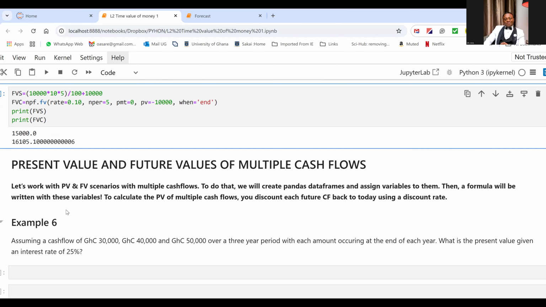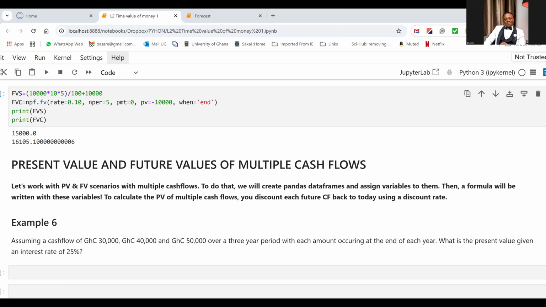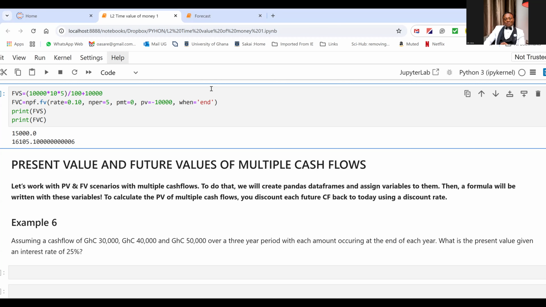Okay. Everything we've done up to this time is just a single cash flow. But now I want to look at multiple cash flows. We are getting towards the end of our basic work today. Multiple cash flows. How do you execute it? We are going to work with the present and future value scenarios with multiple cash flows.